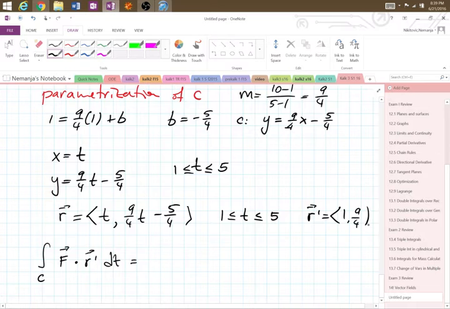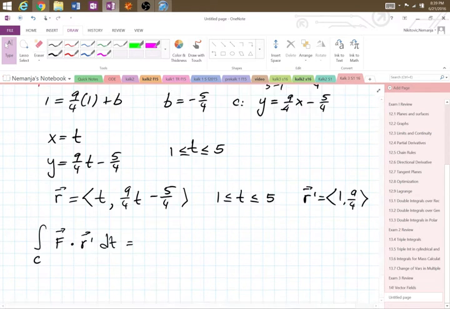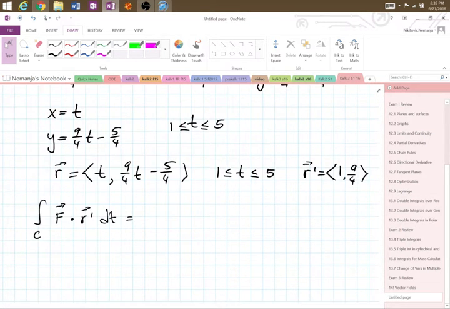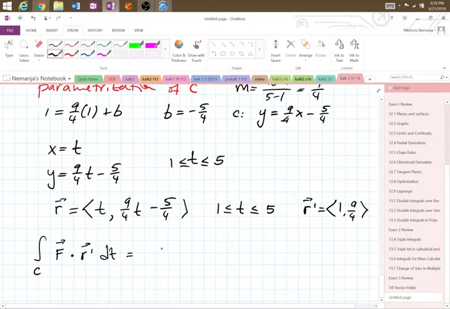The vector field is y comma x. So I'll write it here in this form, and then you guys figure it out. So this is y comma x dotted with 1 and 9 quarters dt.